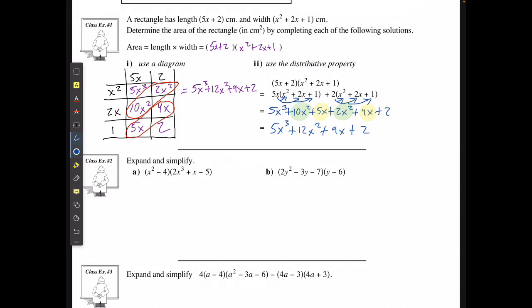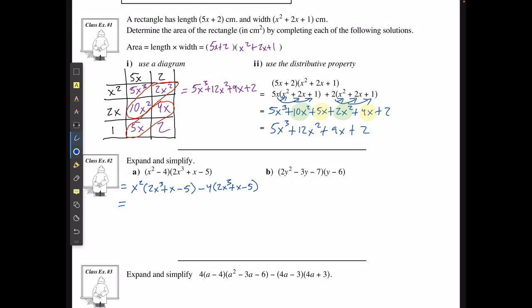For this case, I'm going to use the distributive property, and I'm going to say that this is going to be the same as taking the first term in the binomial, x squared, and multiplying it by 2x to the power 3 plus x minus 5. I'm going to take the second term, which is negative 4, and multiply it by 2x to the power 3 plus x minus 5.